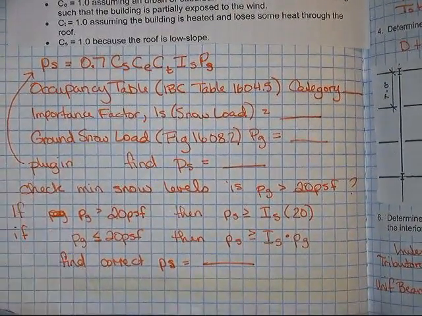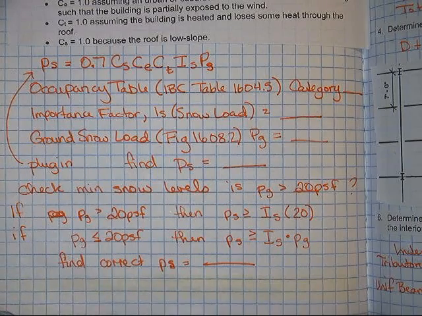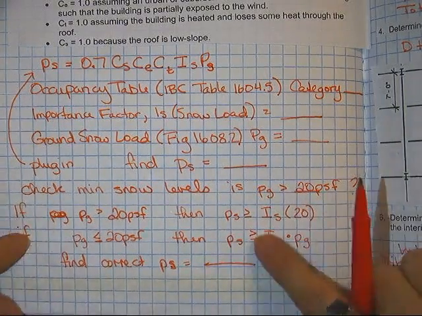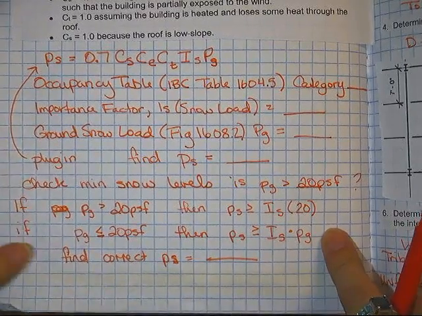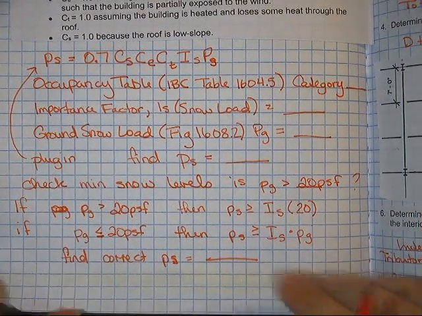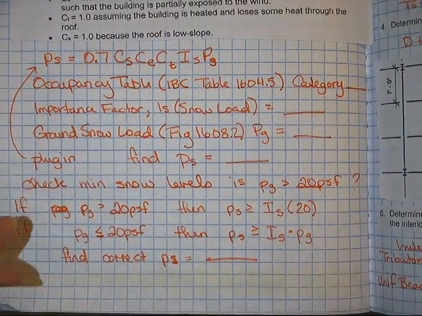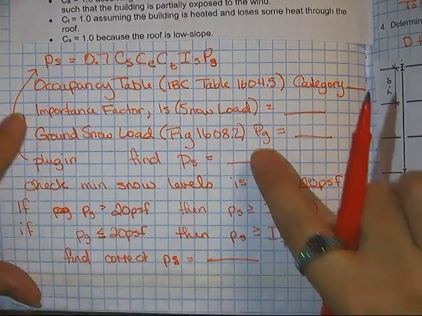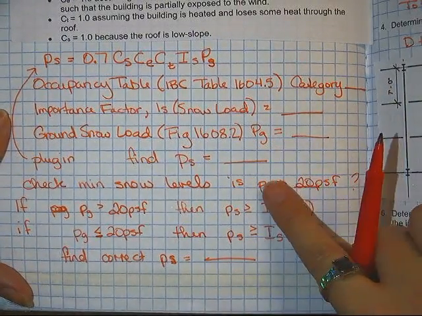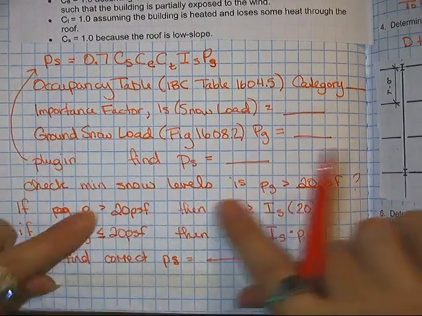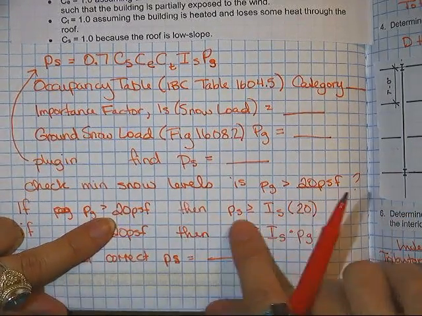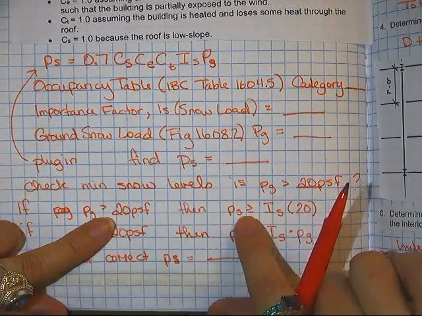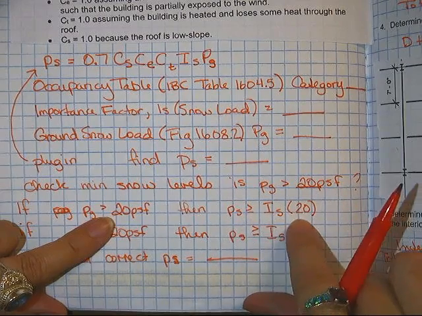Now you need to check the snow levels. This is where these 2 little parts that were in the PowerPoint come in. You need to check which category you're looking at. For the high school, we just got 25 here. So is 25 greater than 20? Yes. So then we need to do this calculation. Pg needs to be greater than Is times 20.